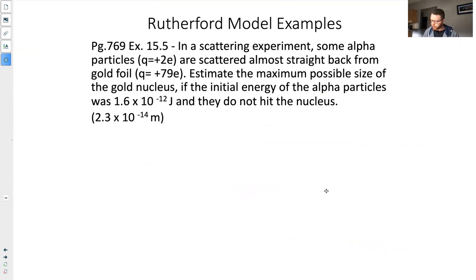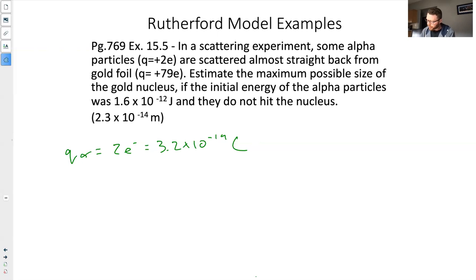Okay, so let's get into some practice problems here. So in a Rutherford scattering experiment, some alpha particles, so alpha particles have a charge of 2e, right? So Q of alpha is equal to 2 electrons, or 2 times the elementary charge, which is equal to 3.2 times 10 to the negative 19 coulombs.